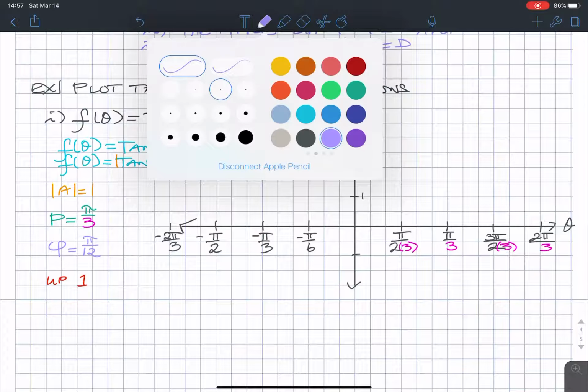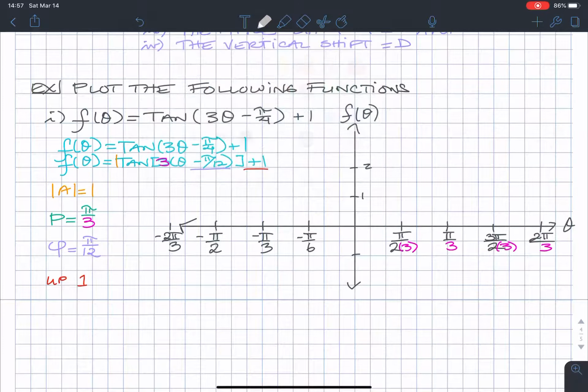Normally tangent is 0 at 0, and every 2 quadrants is 0. And normally tangent would go uphill in reading direction, like so.